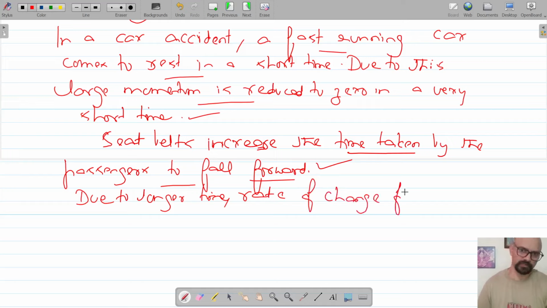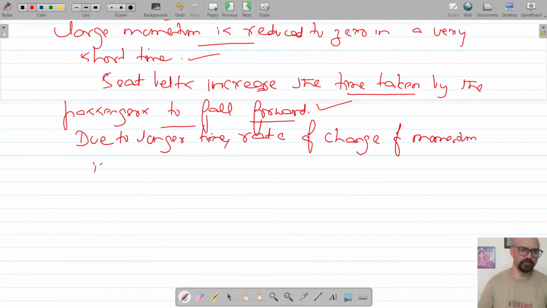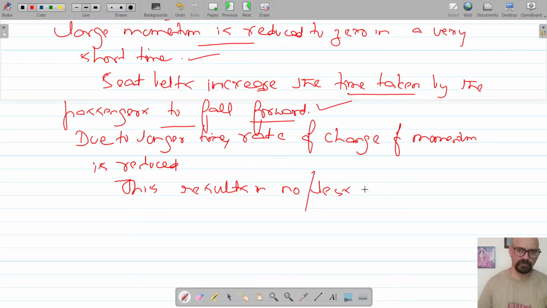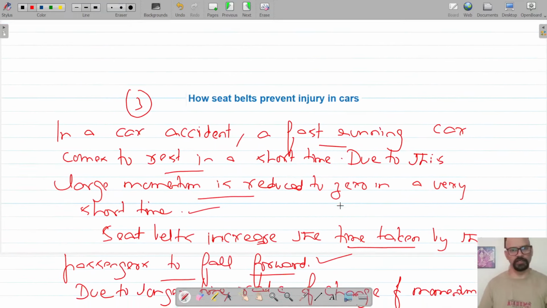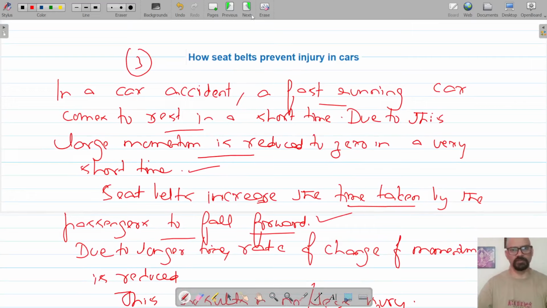So the rate of change of momentum is reduced over a long time, and this results in lessening of the impact. So that's why seat belts are provided in cars to prevent injury.